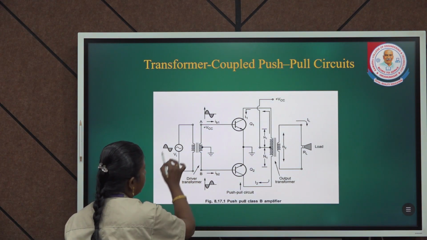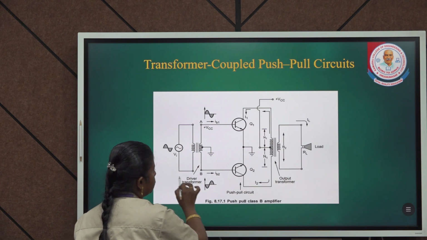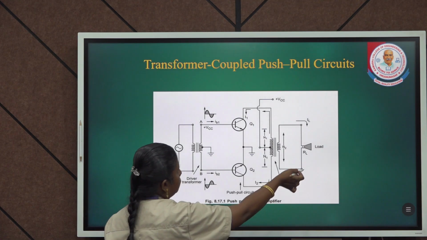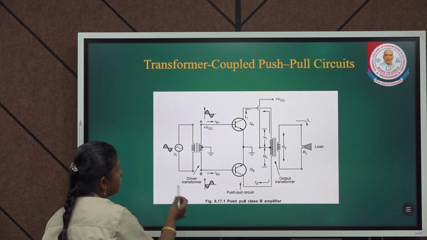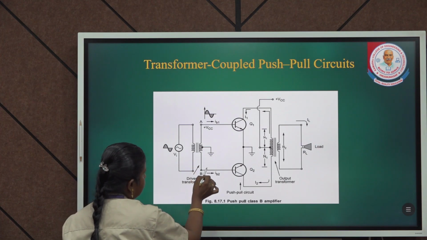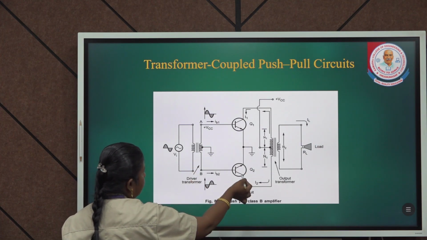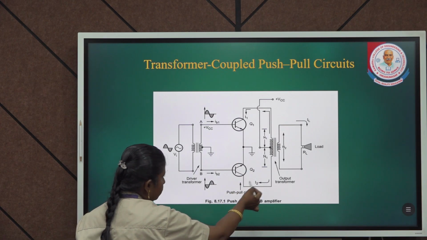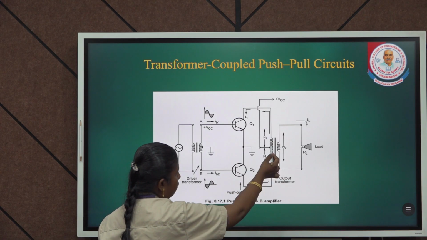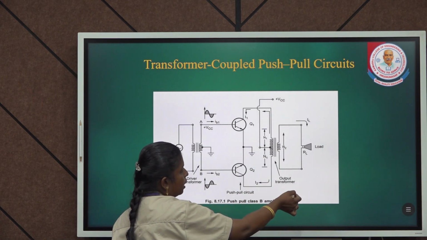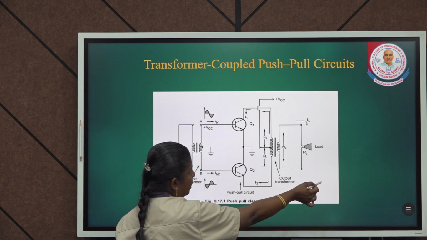This is the input part of the push-pull Class B circuit, and this is the output part. In the input circuit we have a driver transformer with a center tap, and we have two transistors, Q1 and Q2. In the output transformer we have another output circuit with the load connected.